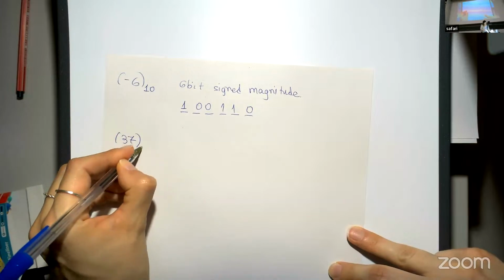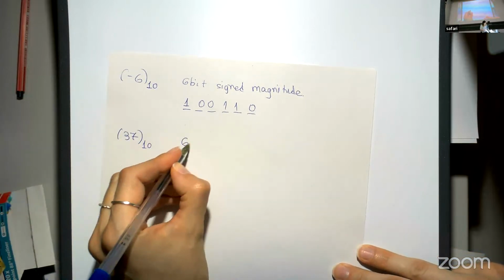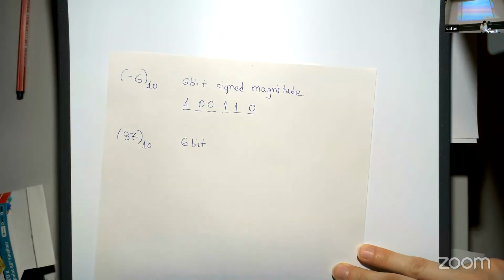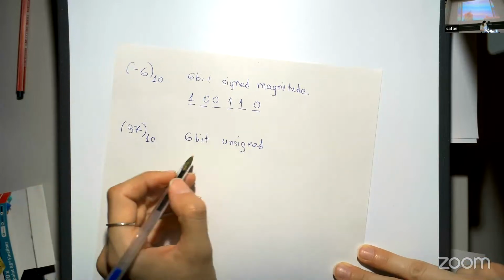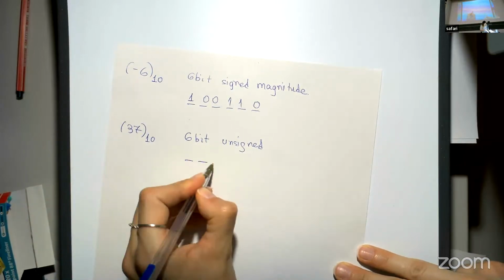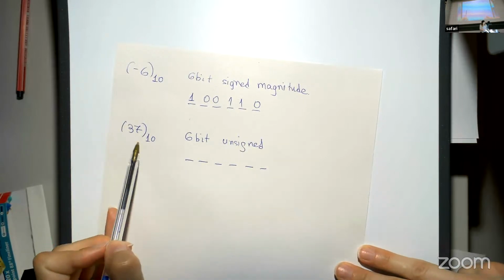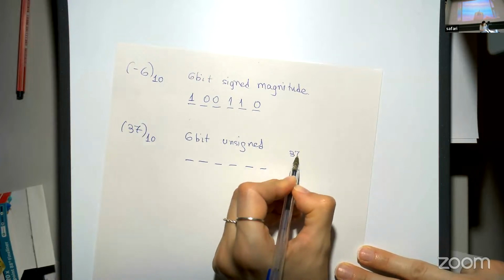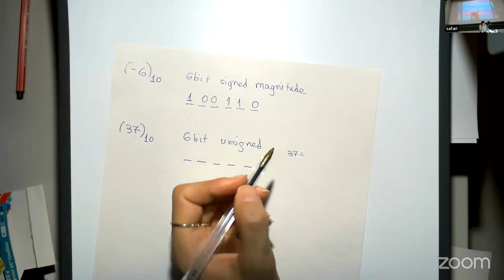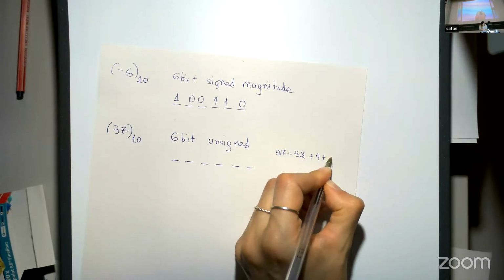We have 37, again decimal, and we want to represent it using 6 bits, unsigned. Again, we have 6 bits available. What we're going to do is write 37 as a sum of powers of 2. So 37 is 32 plus 4 plus 1.